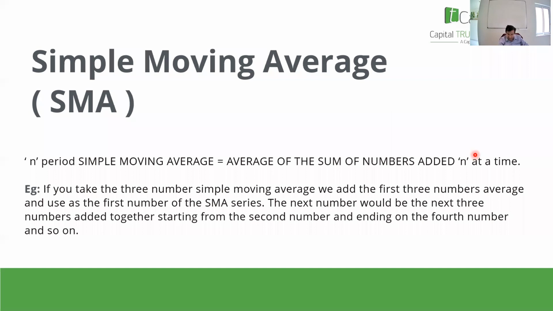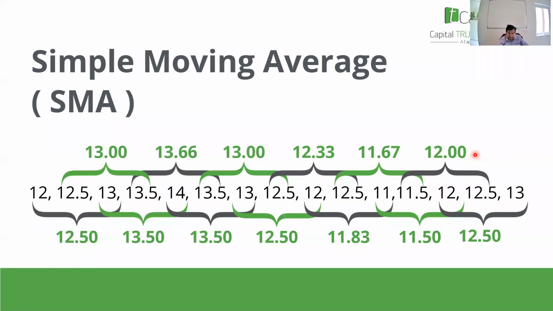Let's see what a moving average is. We take the first three numbers in a series, just a cooked up series, say 12, 12.5 and 30. You add them together, find the average.